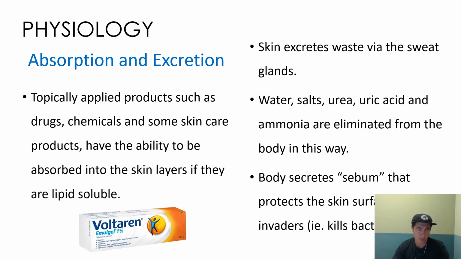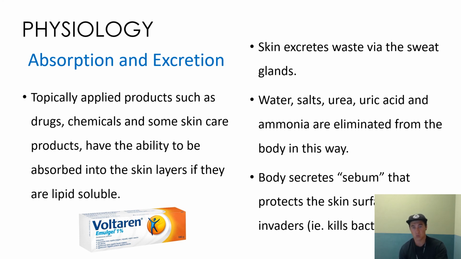Absorption, so topically, meaning applied to the top of your skin. Products such as drugs, chemicals, some skincare products have the ability to be absorbed into the skin, especially if they are lipid soluble. So if they are fat soluble, then our skin is able to absorb.